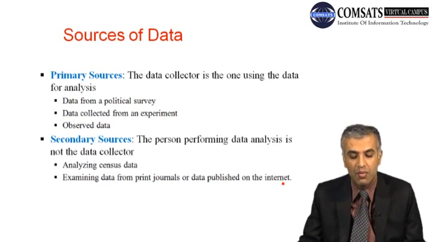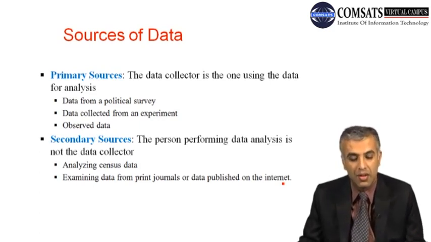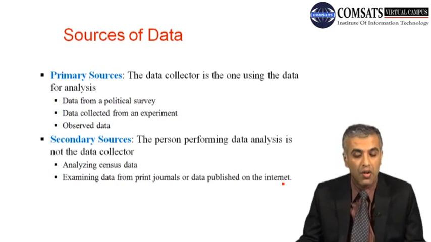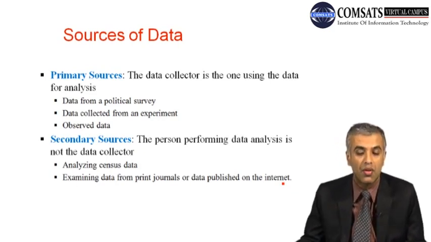And in secondary source, we are taking published data, and based on that we try to make some conclusions. So these sources of data are quite important here, but it depends on what kind of situation you are dealing with, and based on that you select the source.